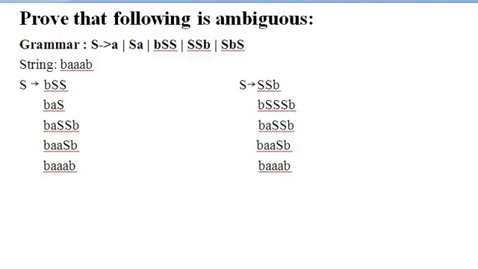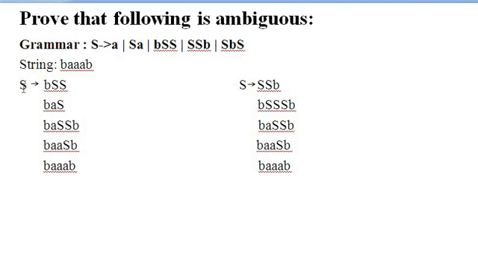This is another example that the grammar is ambiguous. Your grammar is s gives a or sa or bss or ssb or sbs, and your input string is baab. First s gives bss. You can choose any of the productions from the grammar according to your input string.